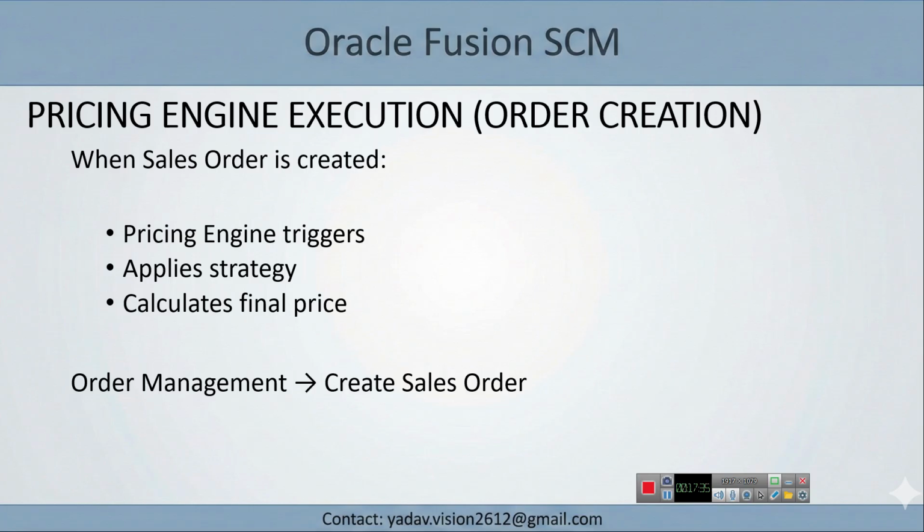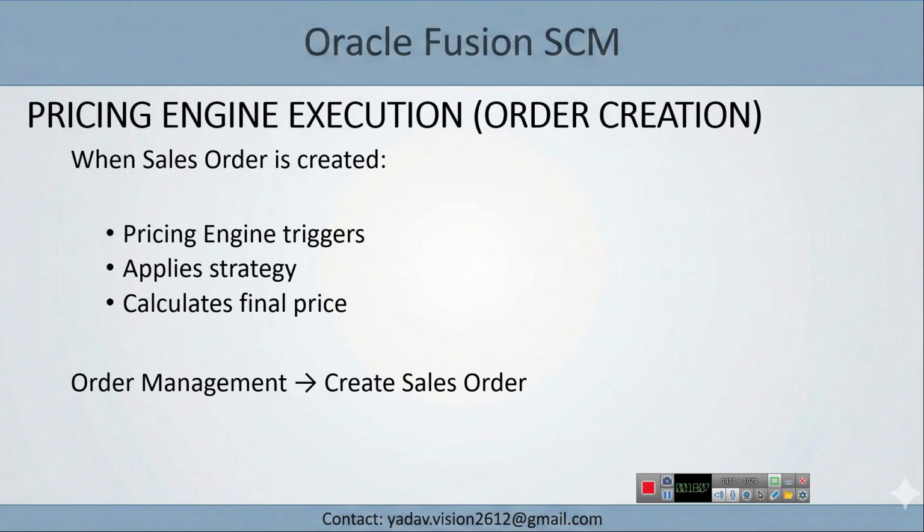And finally, we can see the order execution. Whatever you have defined till now, if you want to see the results, you need to place an order. That needs to be done on the order management side. As I said, order management is tightly integrated with all the modules, like pricing, shipping, account receivables, inventory, and purchasing.